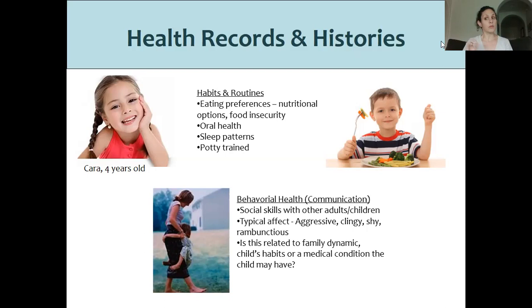Sometimes, almost all the time, there's a reason for children's behavior. It's not just that they are innately bad, right? Or innately good. It's because they're given the right path by the adults in their life to go down a path where they have more self-regulation and more self-control and they make better choices.